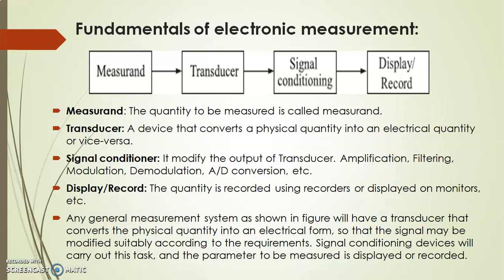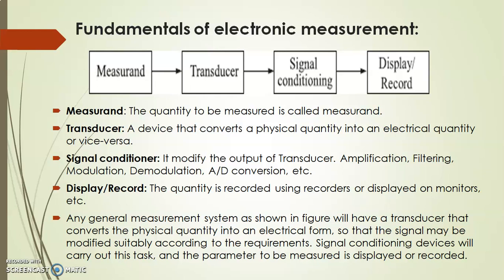If noise is present, then it will use the filtering circuit to reduce the noise. If your display is in digital form, then it will use the A to D conversion, that is analog to digital conversion. If the output of the transducer is in analog form and your display is in digital form, then signal conditioning has the circuitry of A to D conversion.